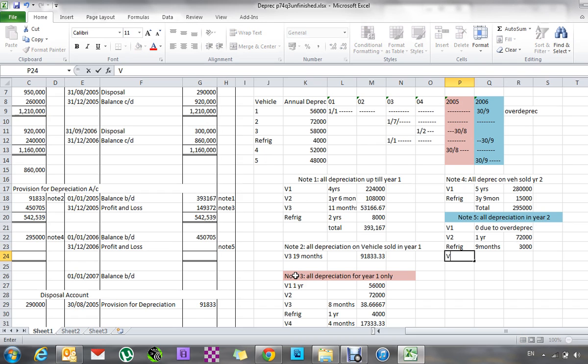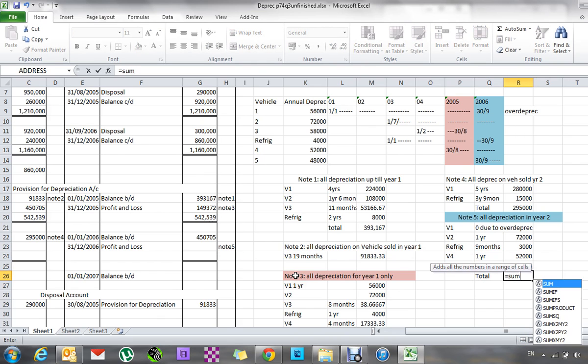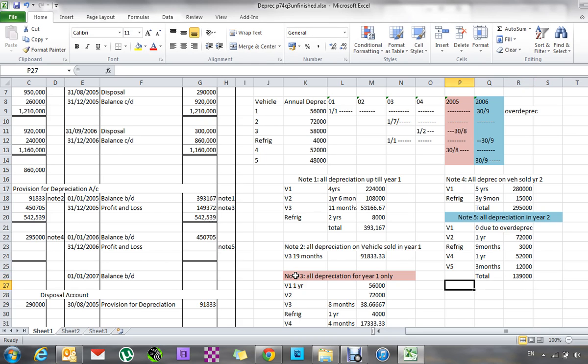Then vehicle 4 and vehicle 5. Vehicle 4 we had for the full year, and it's 52 grand depreciation a year. Vehicle 5 we had for 3 months, and it's 40 grand by 3 months, or a quarter, which is 12 grand. And we get a total, so 139 grand.